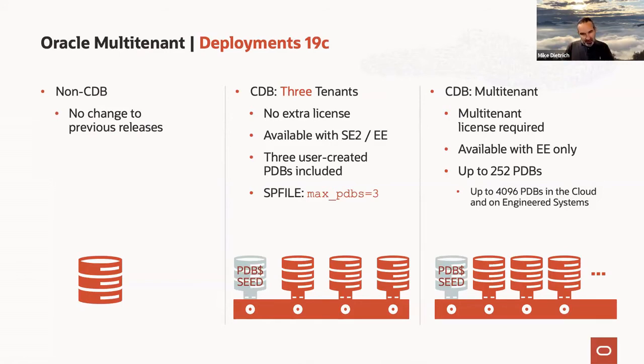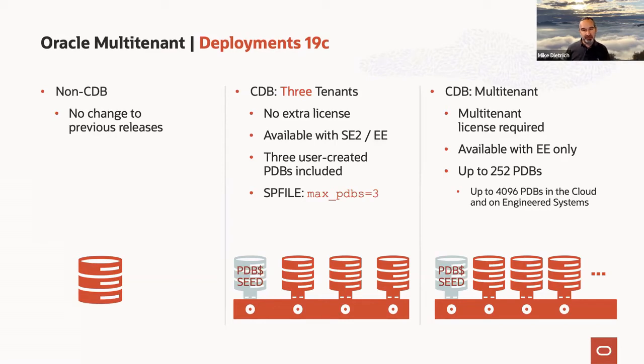The middle pillar, single tenant. This is no extra license with 19C only, not with 18, not with 12.2. Available also for standard edition. And the PDB$SEED, which is marked here in gray, does not count. Very important hint, if this is your license agreement, then always set MAX_PDBS to 1.